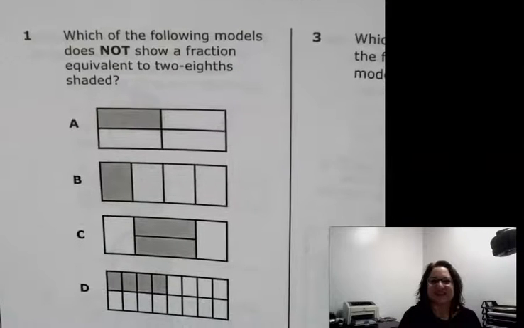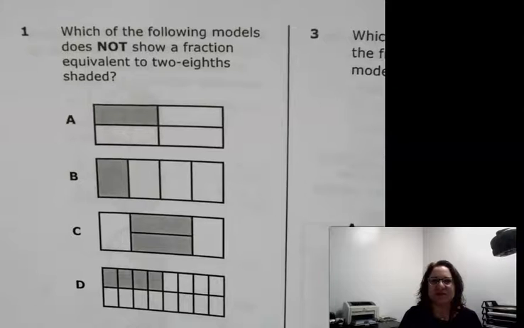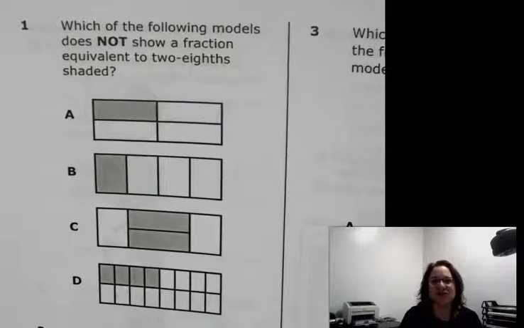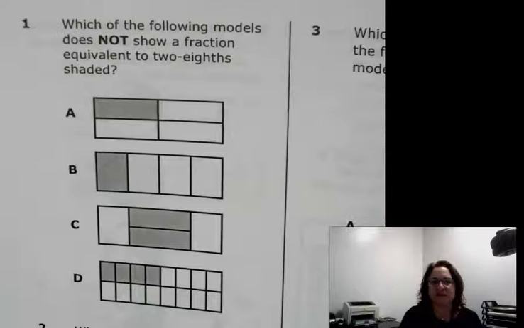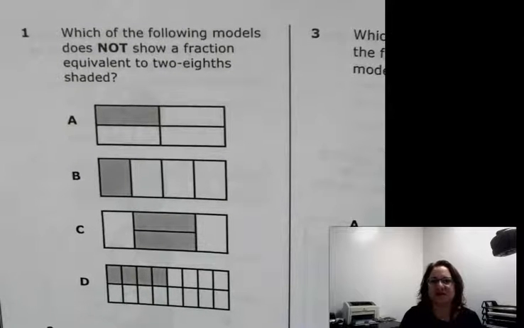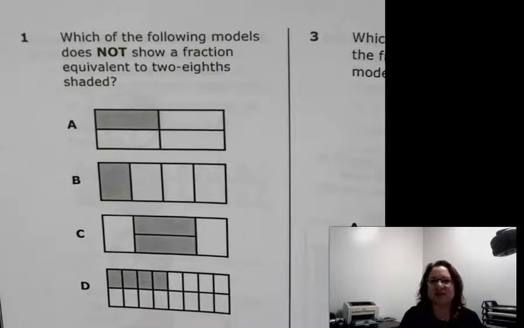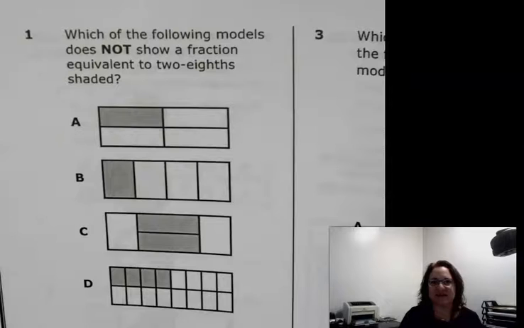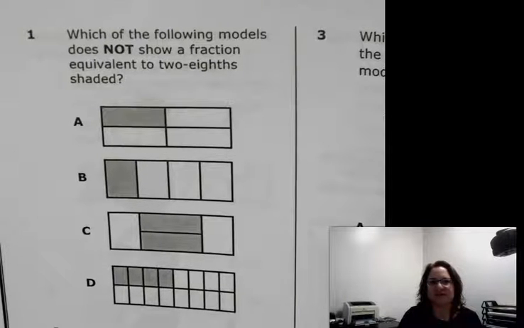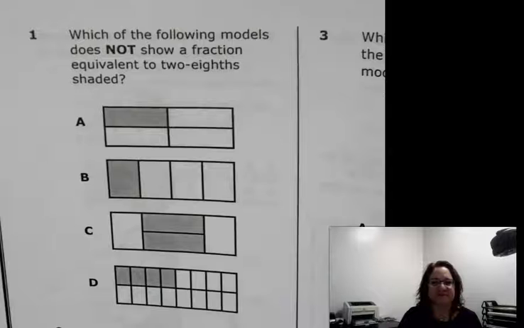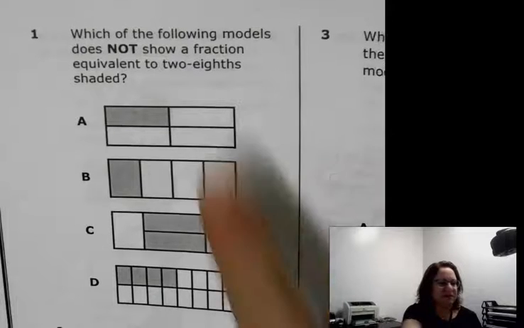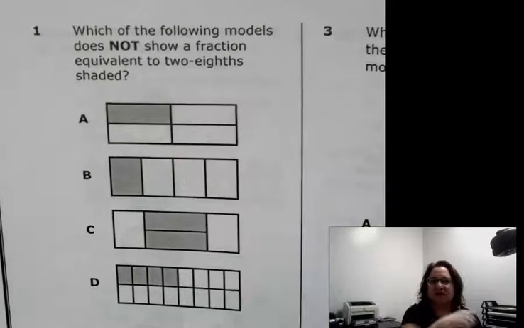All right, let's look at number 1. Which of the following models does not show a fraction equivalent to 2/8 shaded? Okay, we're focusing on the shaded parts. Which one is not equivalent to 2/8? 2/8 is equivalent to how many fourths, guys?